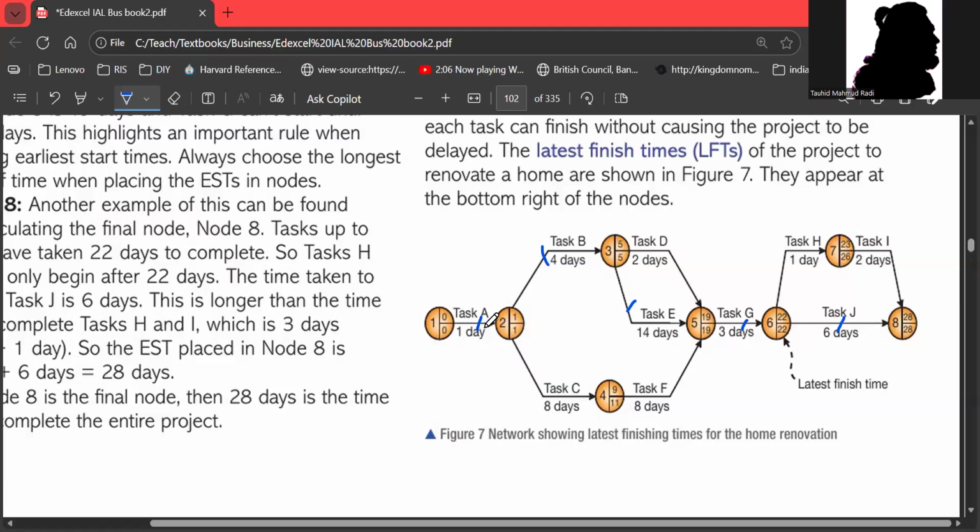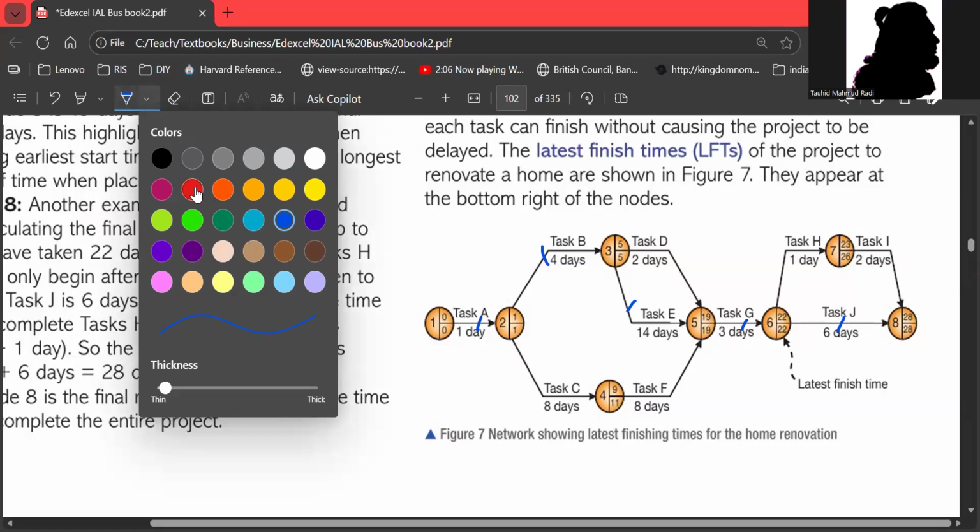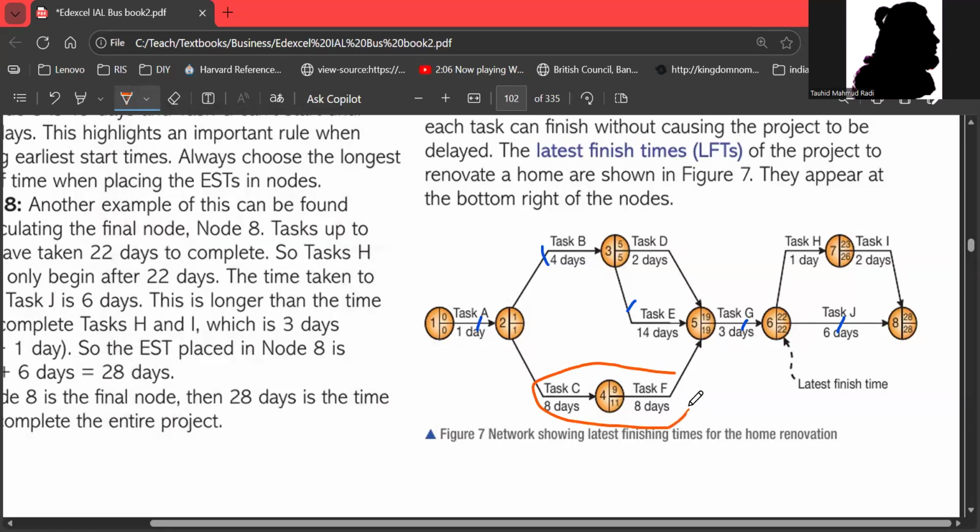Another thing I'm quickly saying is about the float. There is no free float in the critical path. But we have float over here, over here, and I can see some float over here.